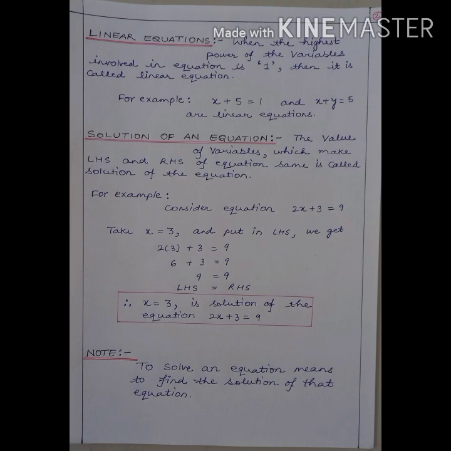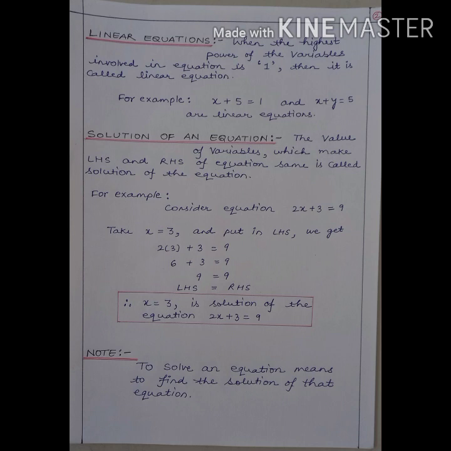Now we will learn the meaning of linear equation. Linear equation means the highest power of the variables involved in the equation is 1. When the expression has variable x or y, and the power of x or y is 1, the highest power is 1, then it is called a linear equation.